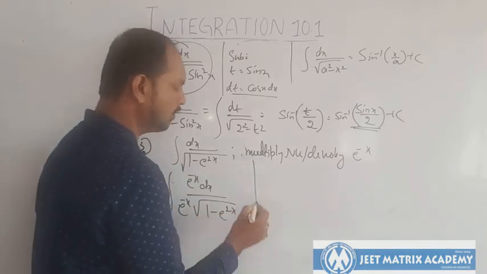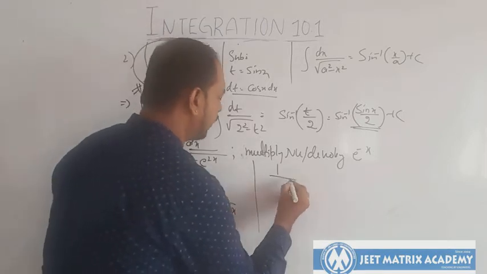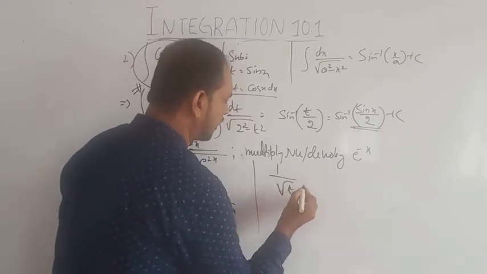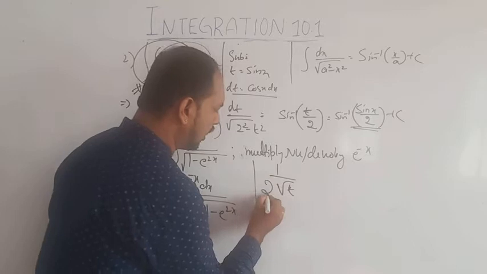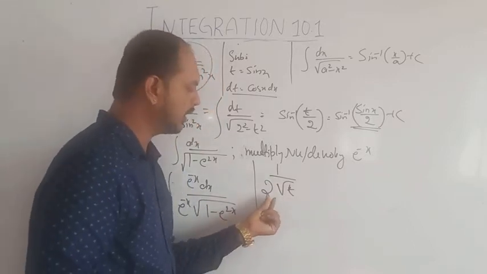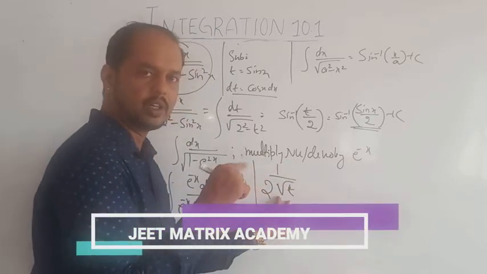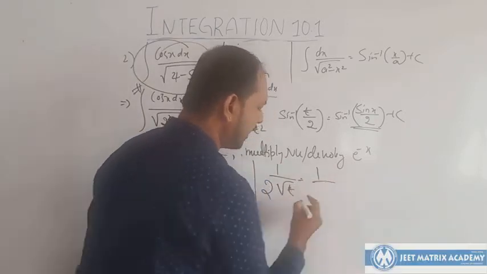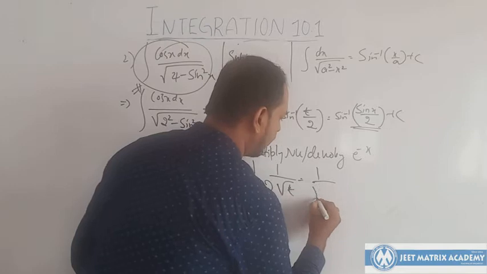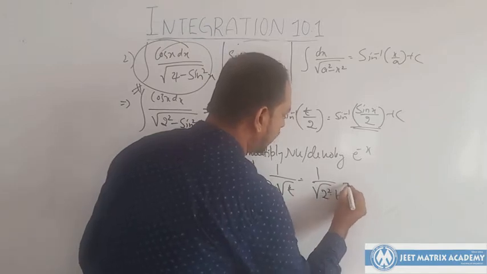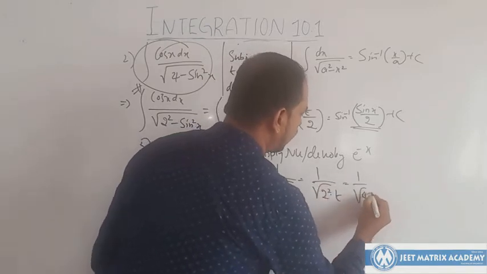So listen, one very important thing. For example, if 1 by root t is there, then 2 root t is there. When I want to take 2 inside the square root or radical sign, what happens? It should be squared. That means 2 squared into t, that means 1 by root 4t.